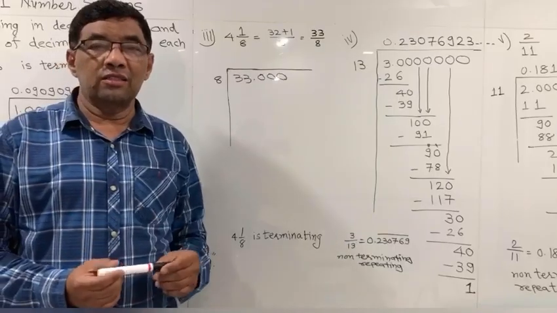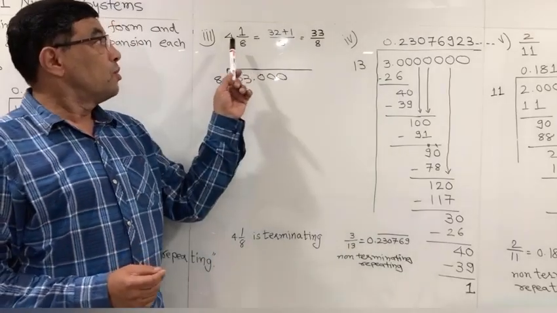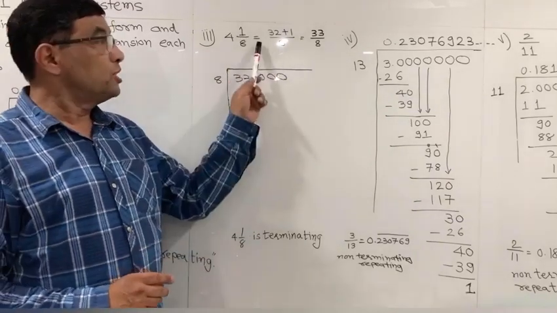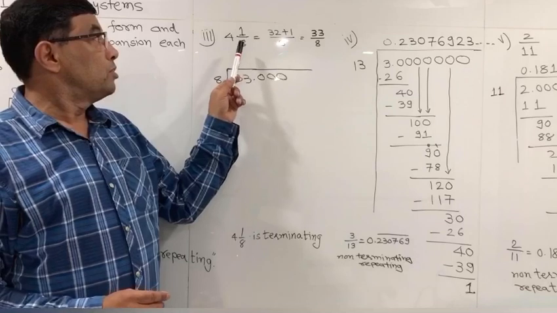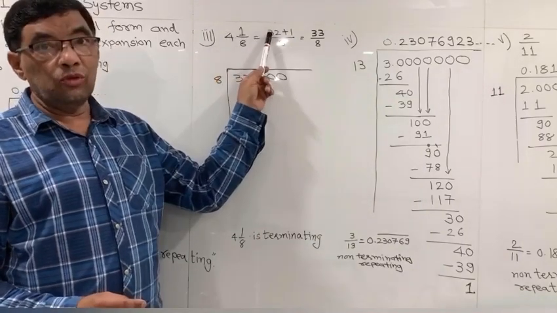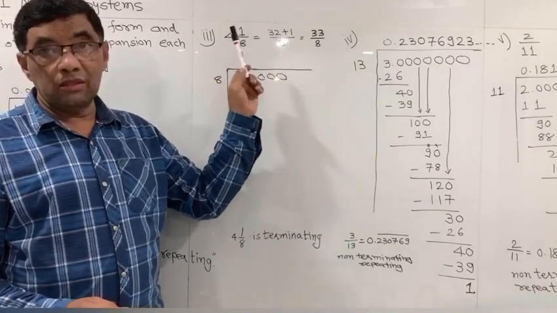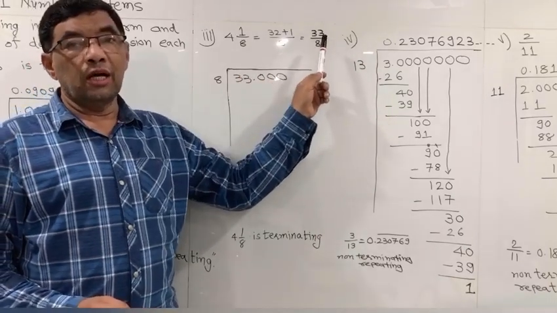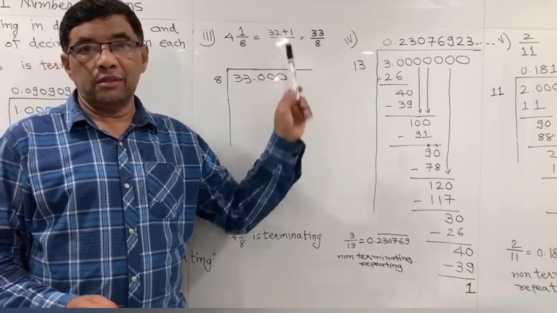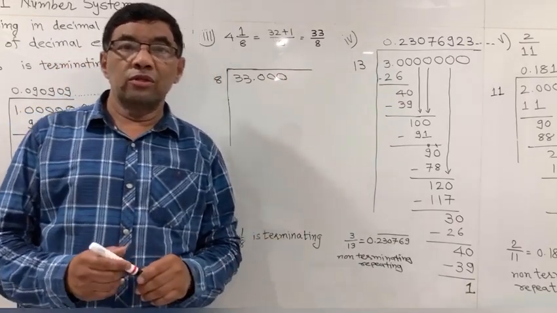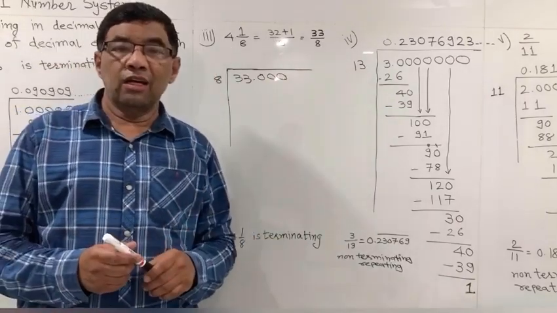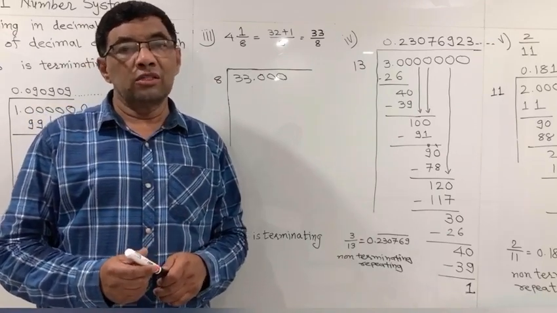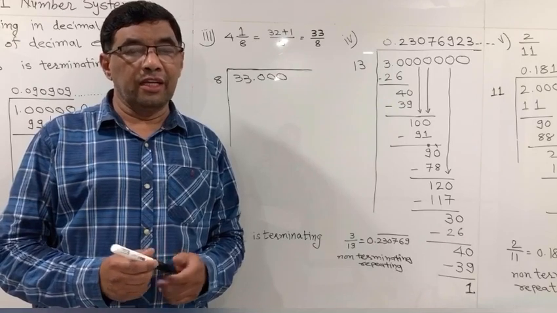Now we start the third question, which is 4 integer 1 by 8, which is equal to 8 fours are 32 plus 1 upon 8, equal to 33 upon 8. Now we have to find out first the division, and then answer whether it is terminating or non-terminating, recurring.